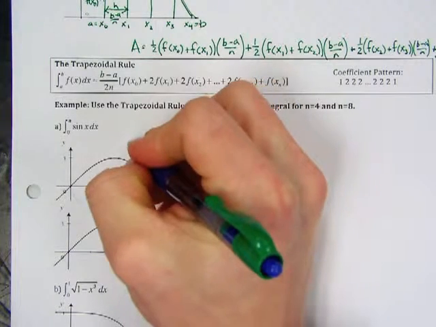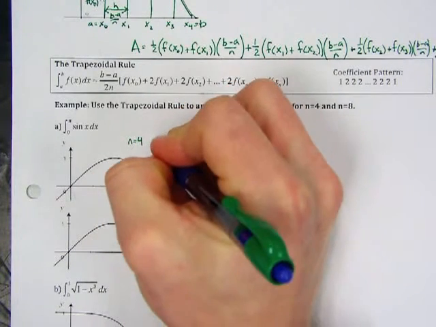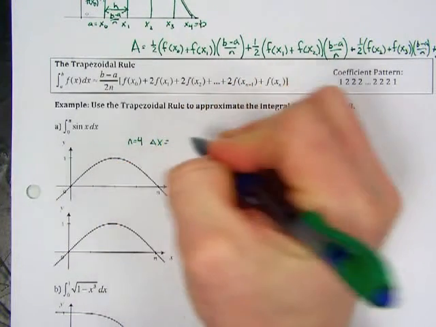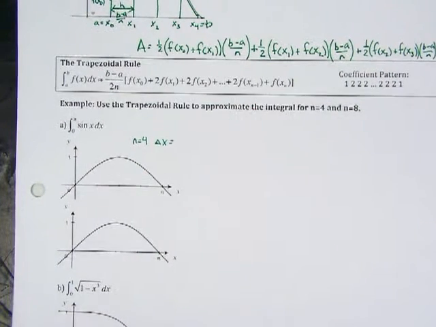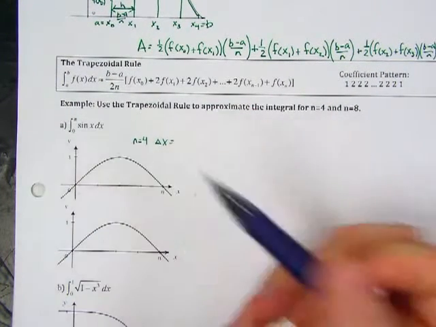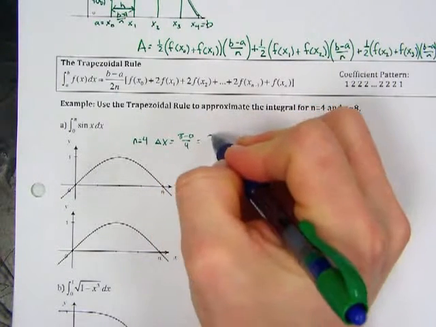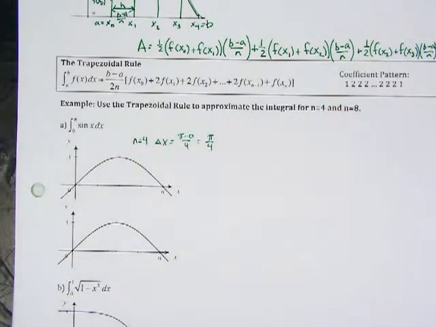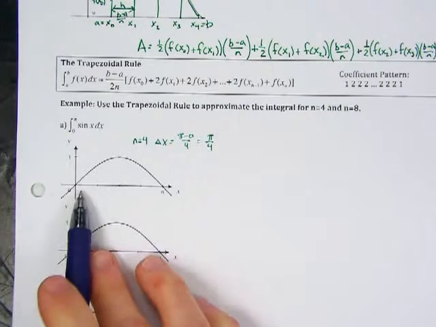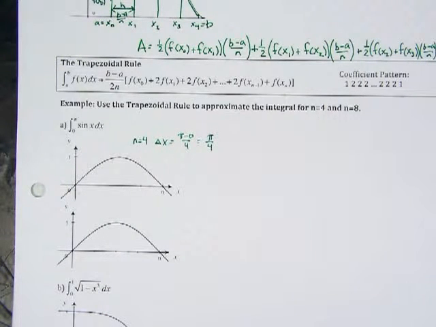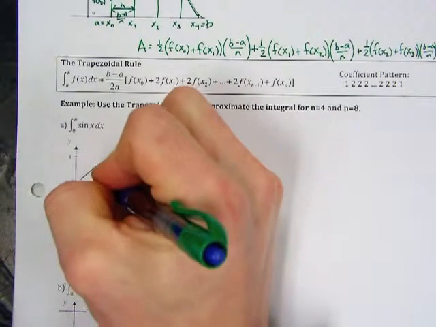okay, we need to find our delta x. So we're going from 0 to pi. So pi minus 0 over 4, which is just pi over 4. So we need to split the interval from 0 to pi into 4 equal portions.